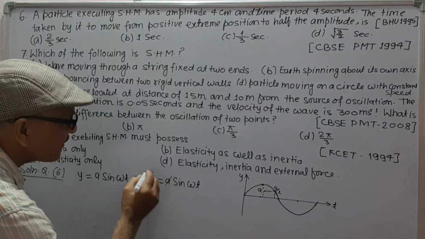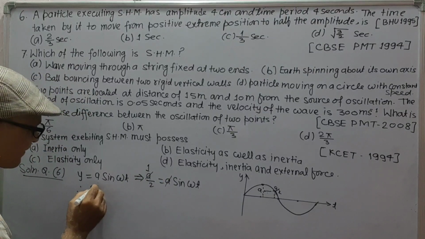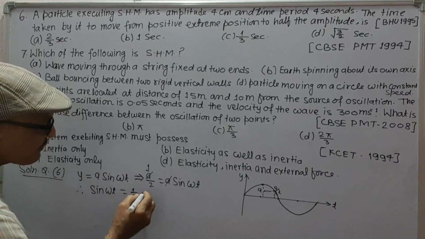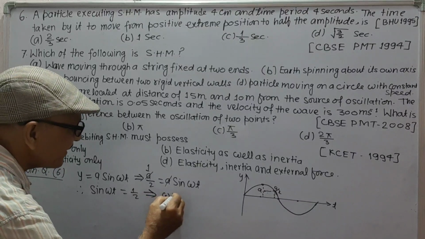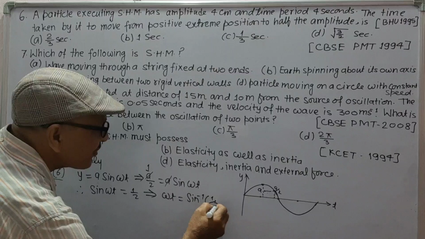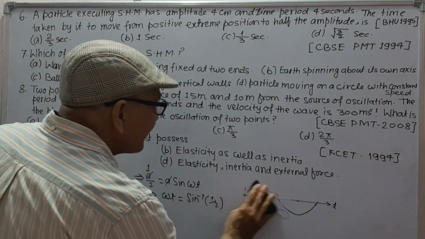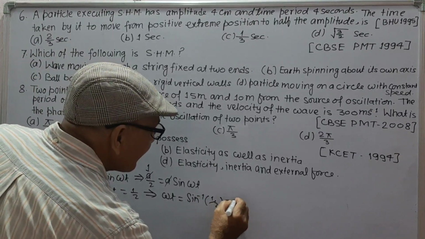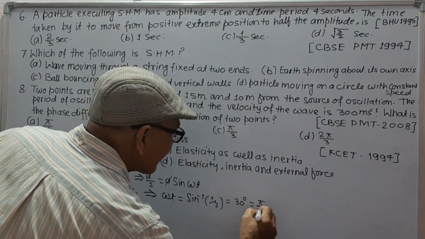A cancels out and we get sin omega t is equal to 1 by 2, which gives omega t as sin inverse of 1 by 2, and sin inverse 1 by 2 is 30 degree, which is pi by 6.